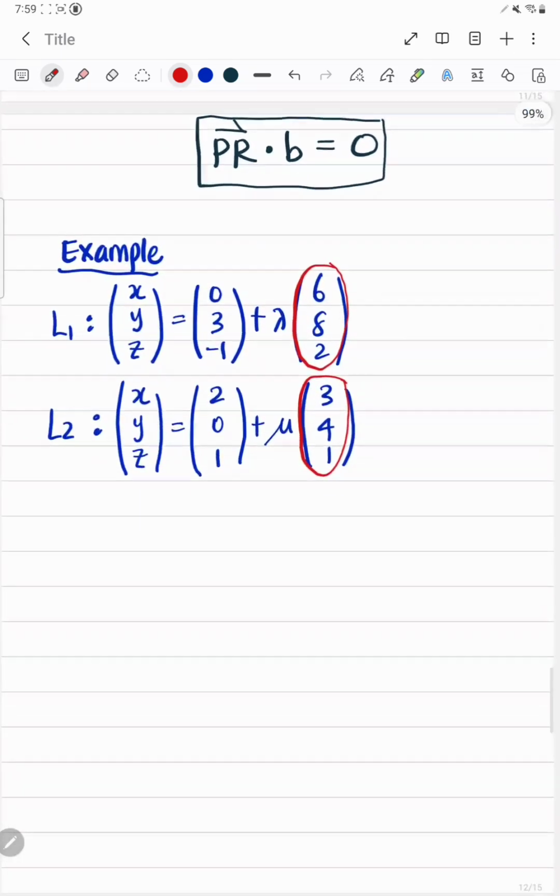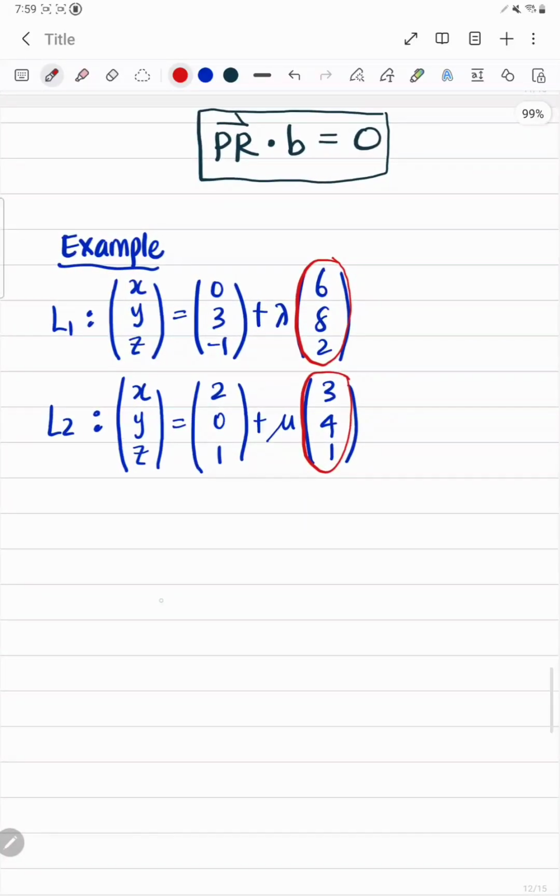Let's try to represent line 1 and line 2 in a diagram. Line 2, line 1, and I need point P in line 1. So P is a fixed point in line 1.